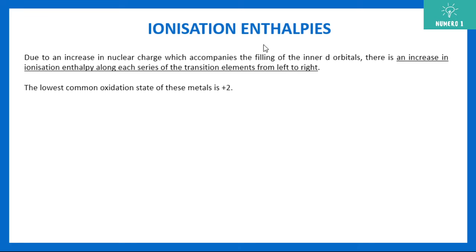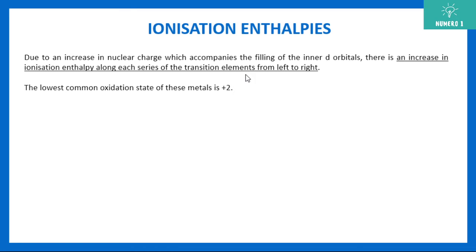Next, ionization enthalpies. Since we know that the size is decreasing, and there is again poor shielding effect, the nucleus is able to attract the last electron much more closely. So we will see an increase in ionization enthalpy along each series of the transition elements from left to right.